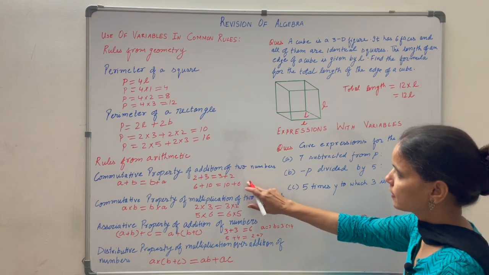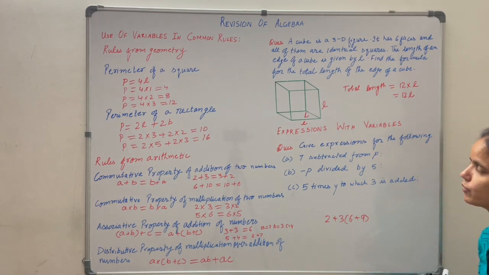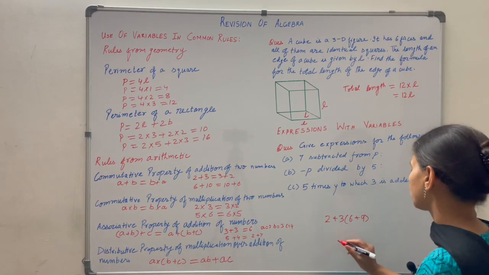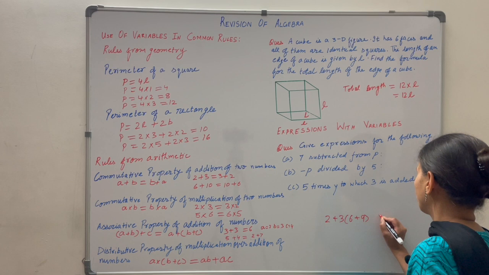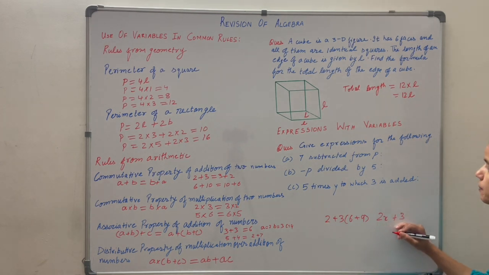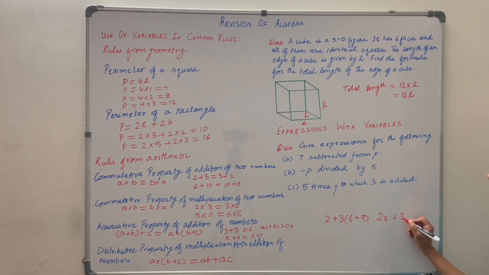Now in expressions with variables, you can have variables instead of numbers. For example, 2x plus 3. This is an expression with variable x. Here 2 is multiplied to x, then it is added to 3.